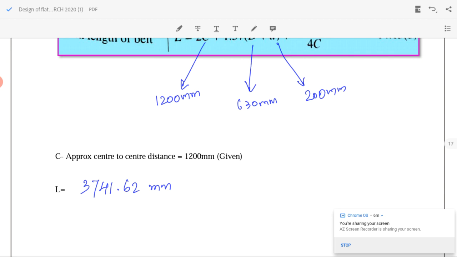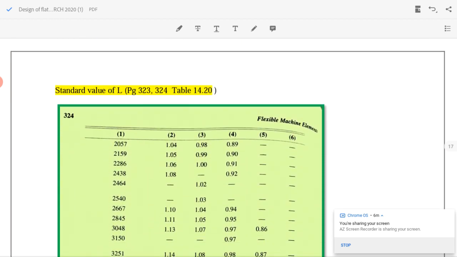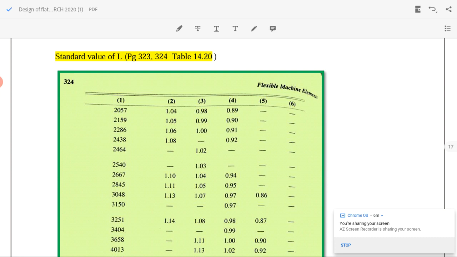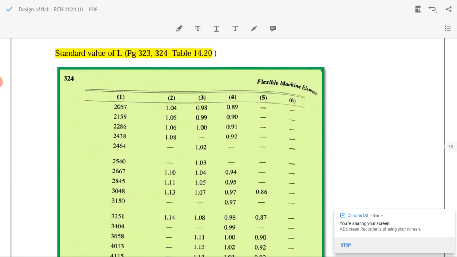So I have to standardize this length of the belt, for which I have table 14.20 in pages 323 and 324. Now in page 324, as a continuation of page 323, I can see that for our required value 3741.62 mm, obtained from the calculation, my standard value will be, after 3658, 4013.